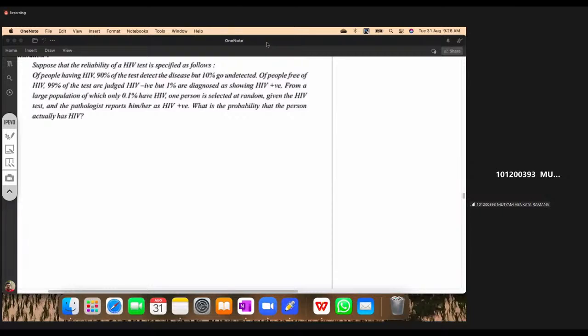In competitive exams, Bayes theorem is one of the major areas.